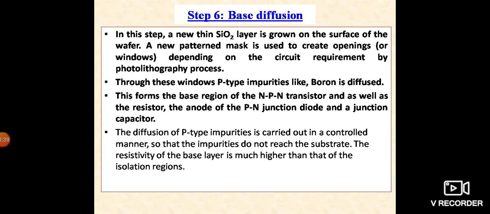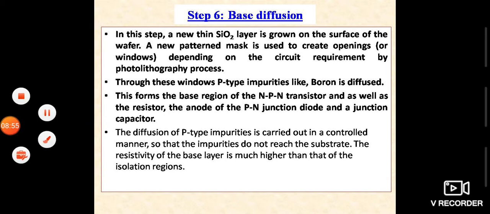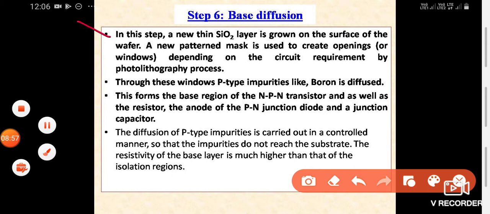Base diffusion. This is step 6 of the IC fabrication process. In this process, firstly, the first step of base diffusion, a new thin silicon dioxide layer is grown on the surface of the wafer.